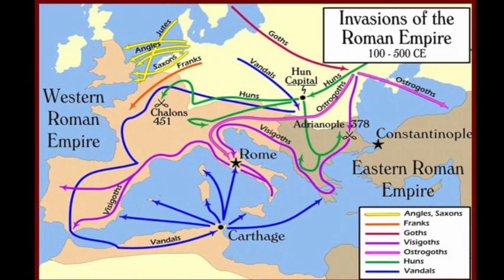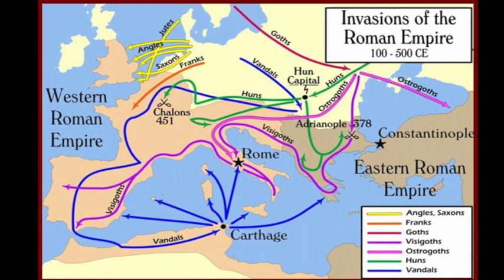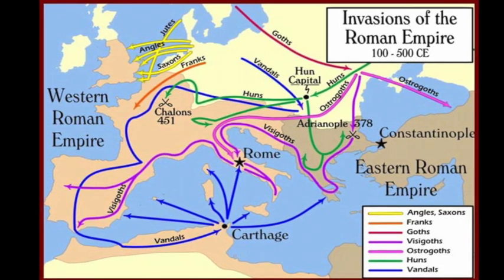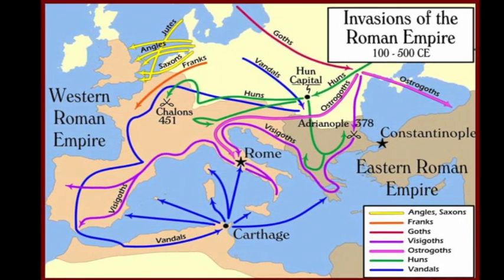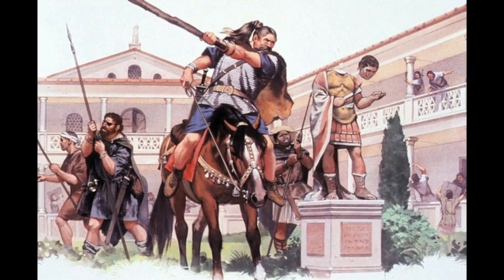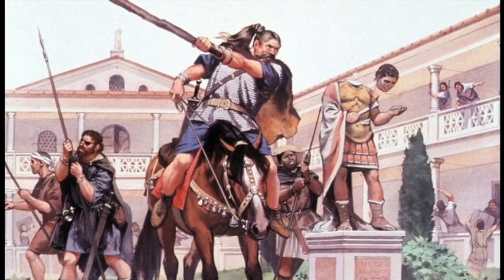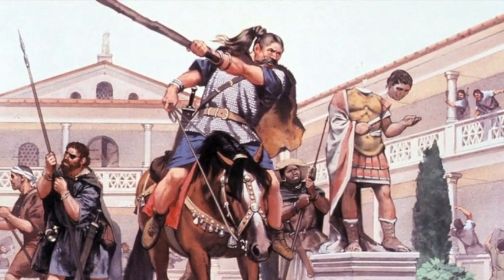The lack of proper government was also a big problem. It made the people less united, or unified, and it made them much weaker, so they were more susceptible to attack.